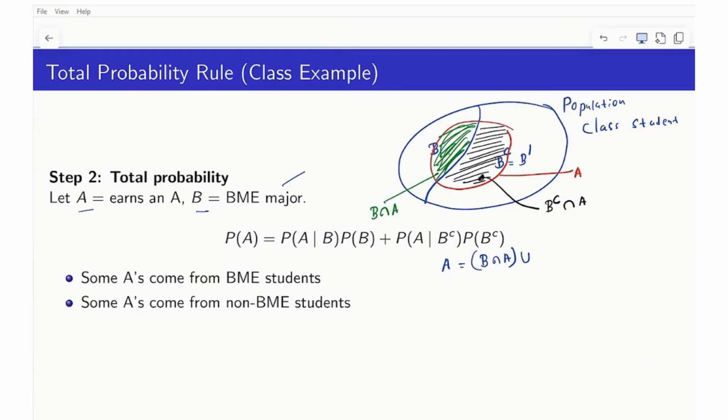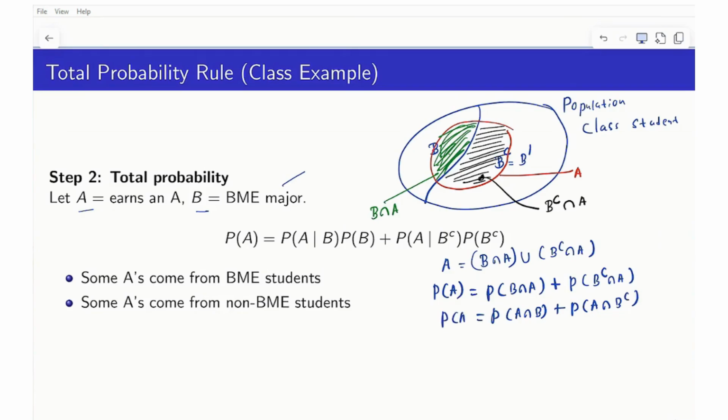So to get the probability of A, we have to find the probability of the intersection of B and A, plus, because we are now quantifying the measure, the probability of A intersect B^C. Either way is fine.